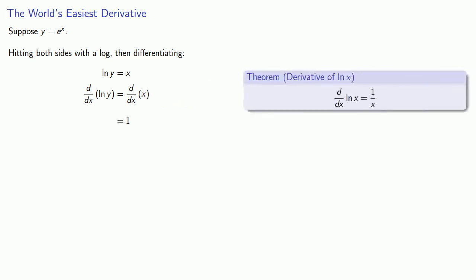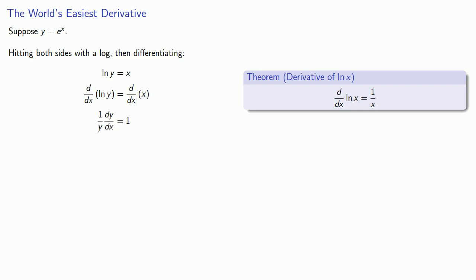Over on the left-hand side, I have the derivative of log y, and over on the right-hand side, I have the derivative of x, which is just 1. So now I want to find the derivative of log, and my derivative of log is 1 over times the derivative of whatever. And so I get 1 over y dy dx equals 1.